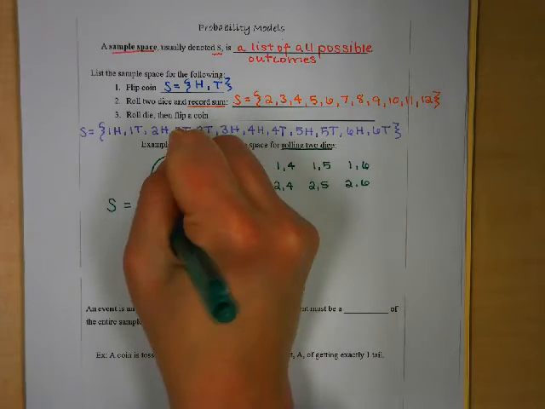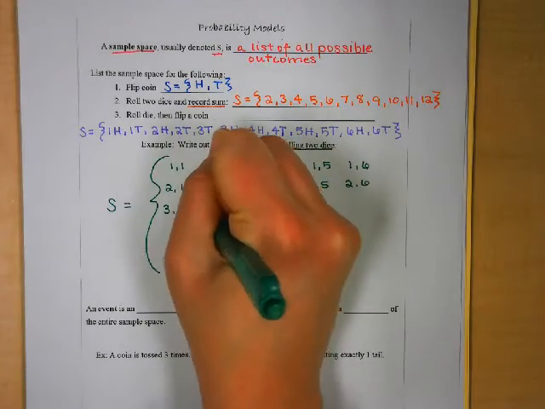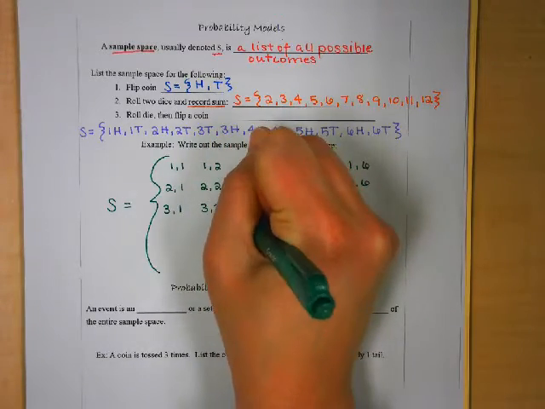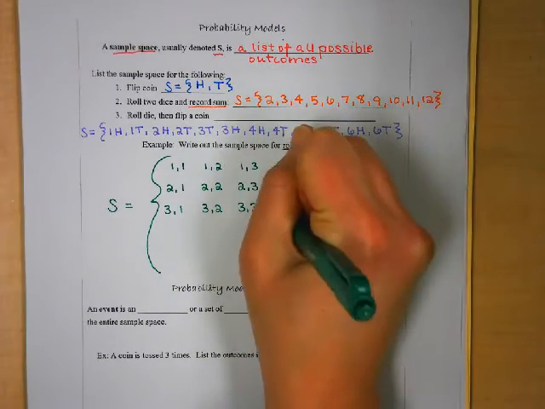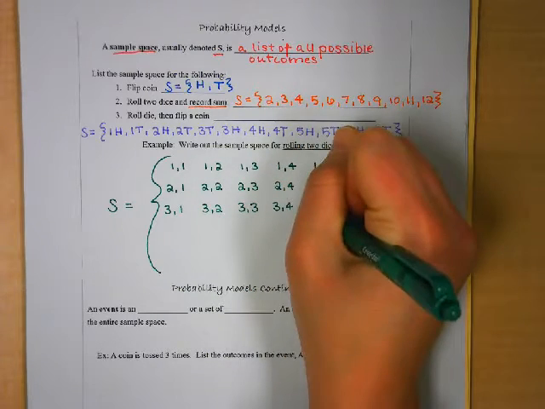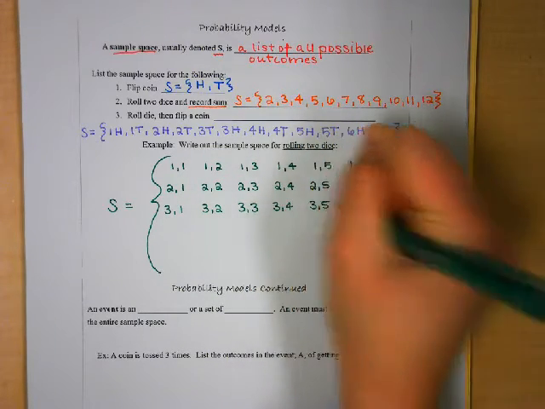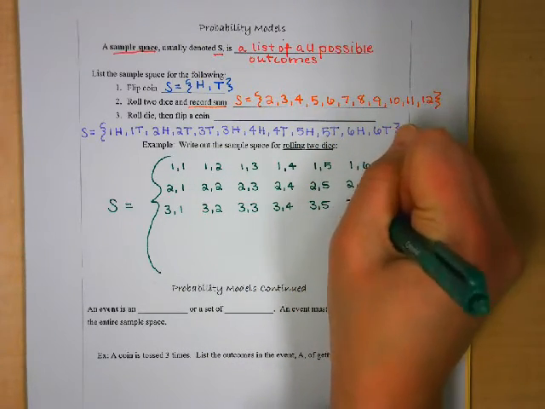And then I could have a 3 with a 1, a 3 with a 2, 3 with a 3, 3 with a 4, a 3 with a 5, or a 3 with a 6.